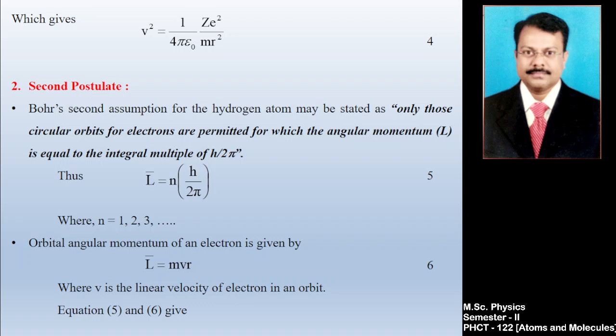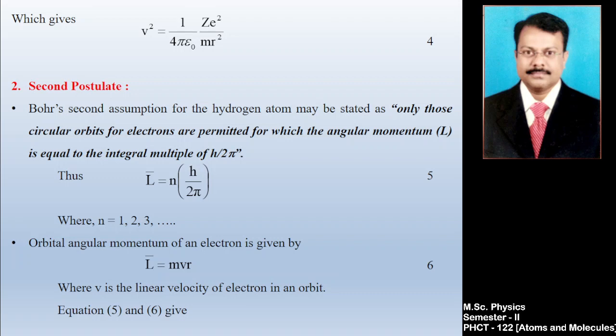In equation form, vector L is equal to n times h upon 2 pi, or in some books n times h cross, where h cross is h upon 2 pi, and n is the principal quantum number whose value is 1, 2, 3 and so on.